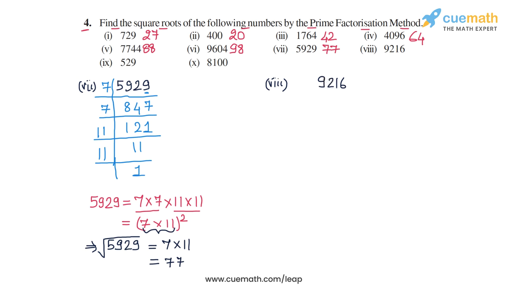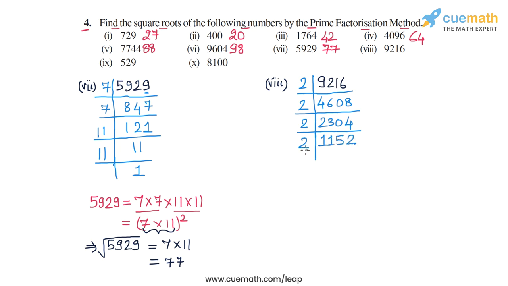So this number is clearly divisible by 2. So we start dividing this by 2, and that will give us 4608. Again divisible by 2. So divide by 2, and that gives us 2304. This is again divisible by 2. So we divide this by 2, and that gives us 1152.